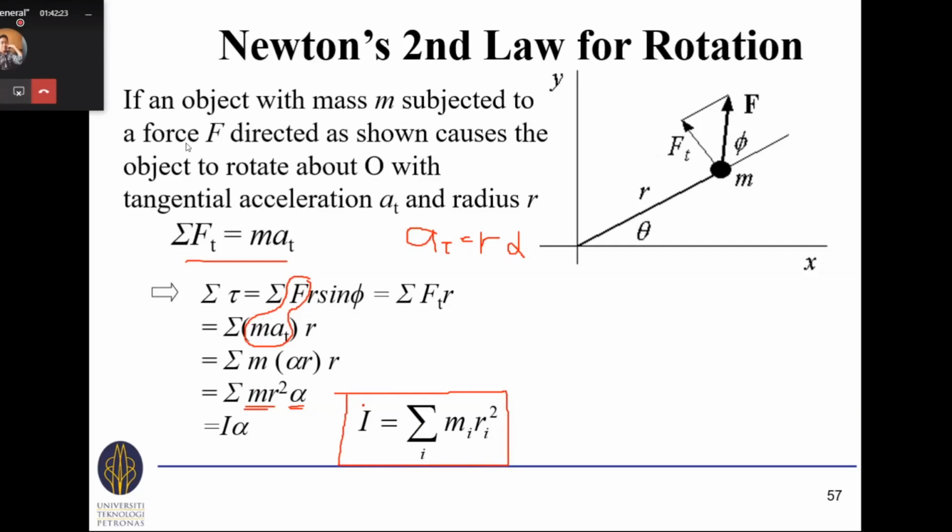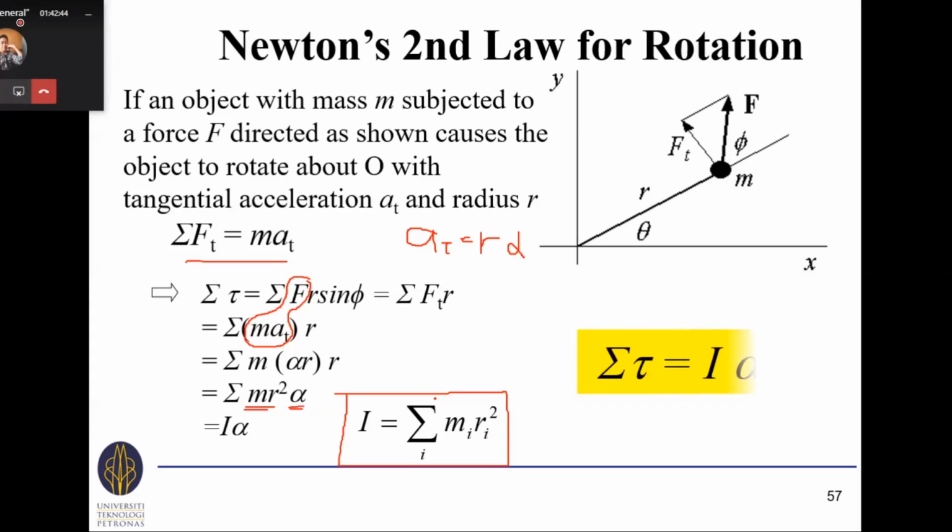So this is what I say is equivalent to the mass in the linear motion, but in rotational motion, the rotation is depending on the mass and how the mass is rotating related to the axis of rotation.